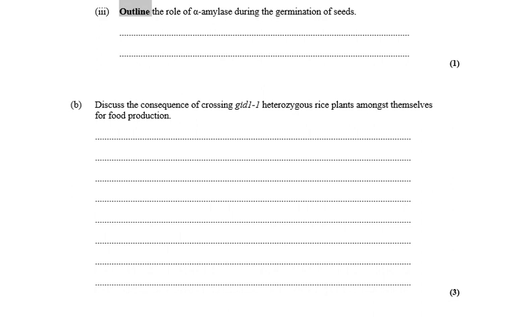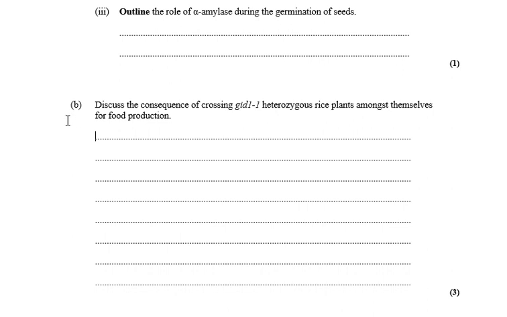But the role of alpha amylase during the germination of seeds is it's going to start to break down the starch that's stored in the seed, okay, and it's going to change that starch into maltose. That maltose can then be used for respiration to generate ATP, which is used then for the growth of the plant and other metabolic processes. So really, really important thing.